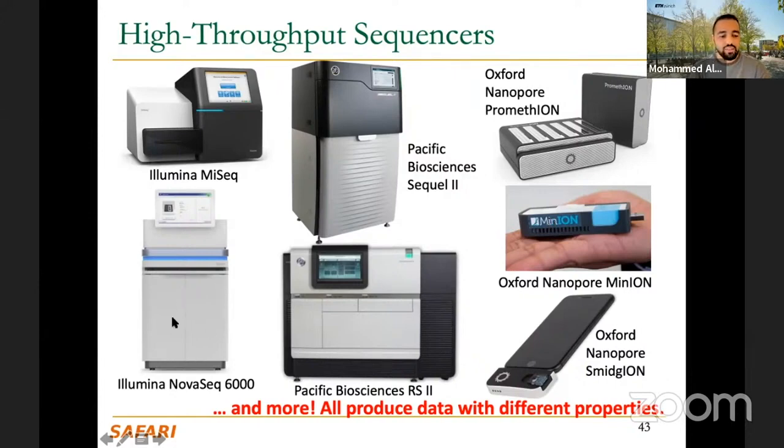The NovaSeq here gives the highest throughput per sample over all other sequencing machines, because you can get a lot of reads in 44 hours or 2 days. This is a fridge-size machine, a very huge one. This is a smaller one, and this is handheld, as you can see.